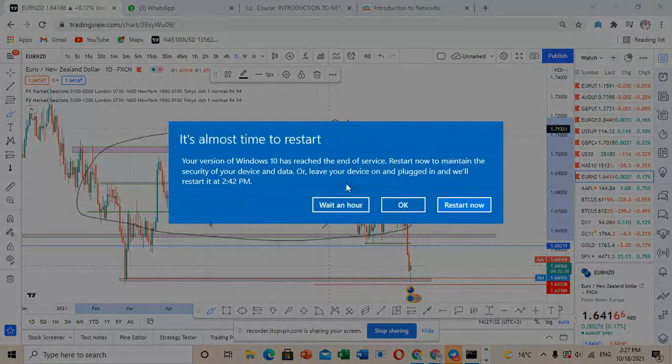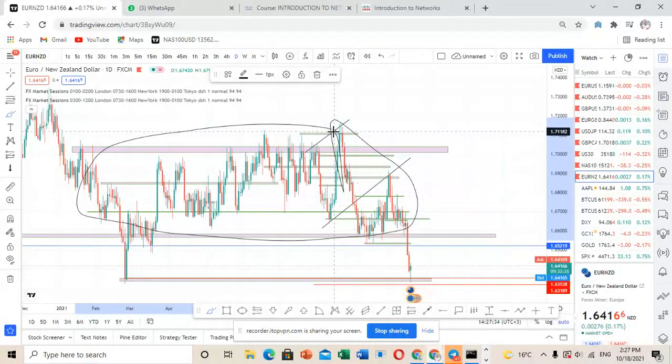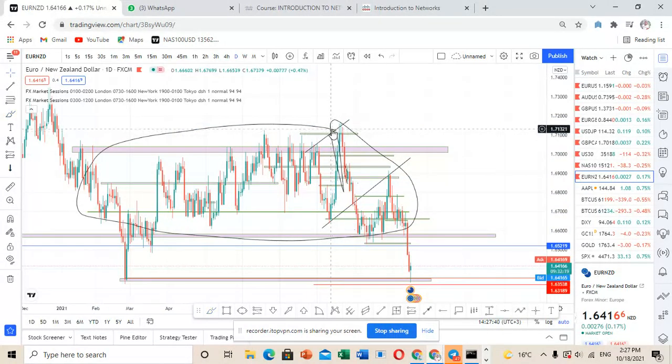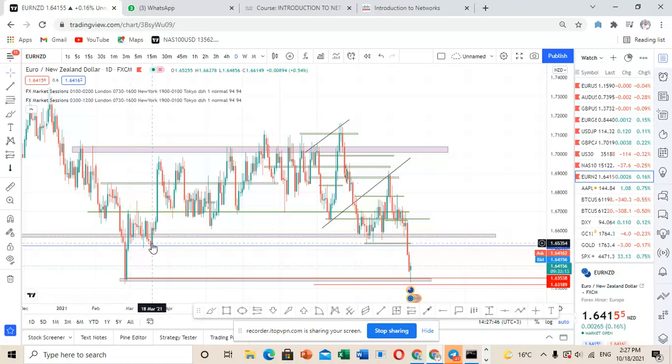Since the market is consolidating between those areas, what this pair usually tends to do when moving in between this consolidation is this: you can see the market came to these levels and to this particular point of support.